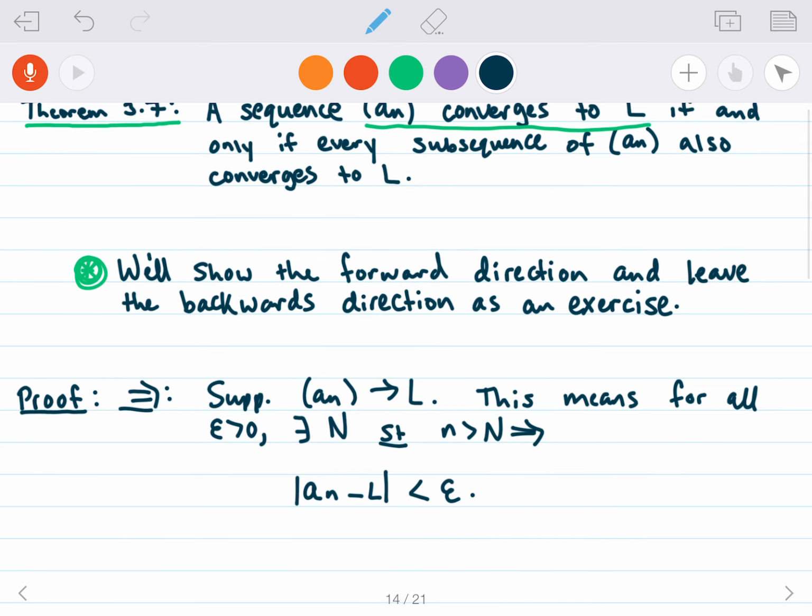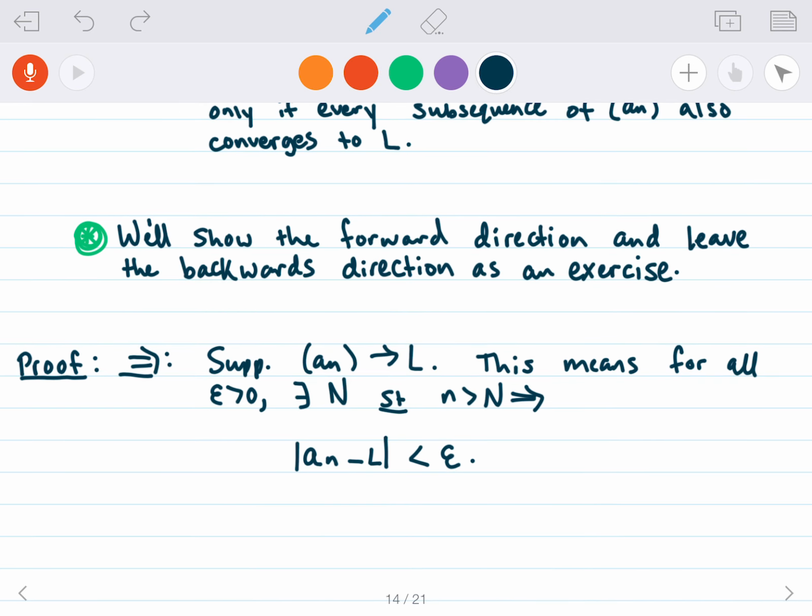Okay, so this is our assumption, and we're trying to show that every subsequence of a sub n also converges to L. So we're going to let an arbitrary subsequence of a sub n be a sub nk.